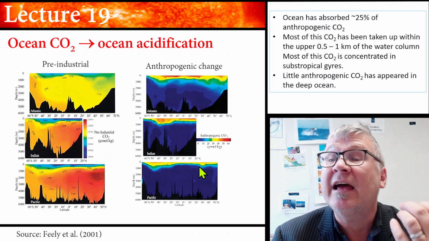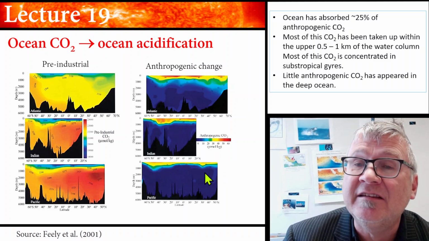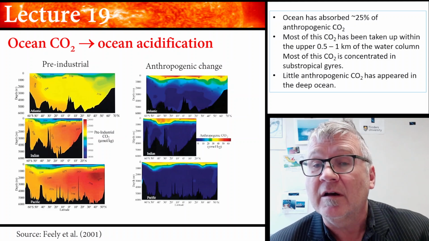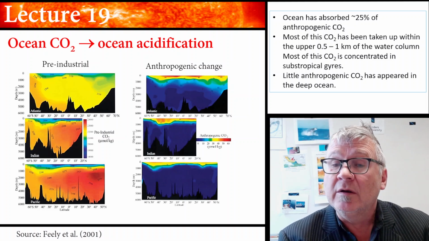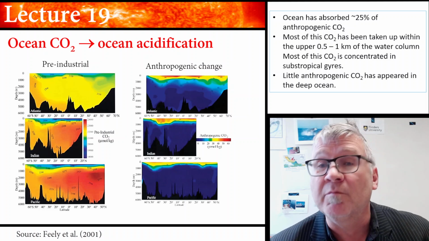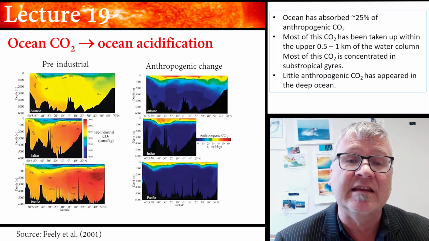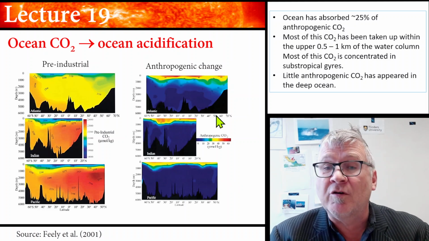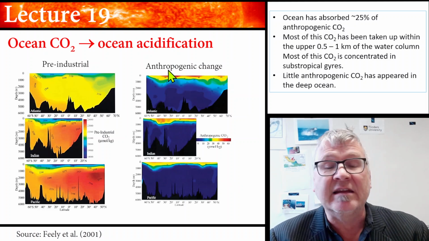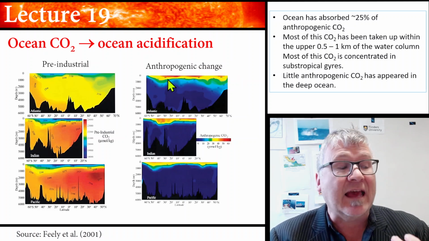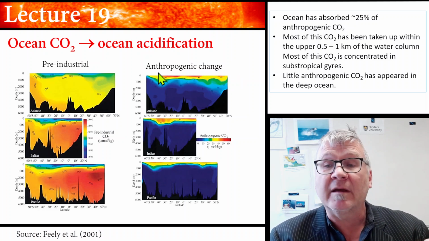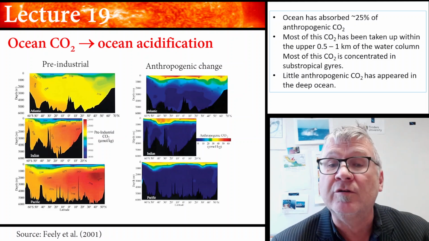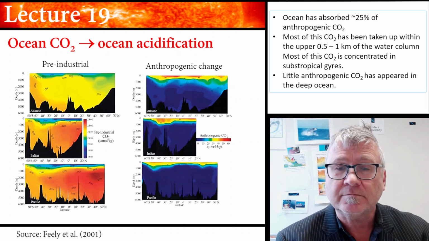Little anthropogenic CO2 has appeared in the deep ocean, and that's because of the time scales. We're talking about changes here that have intensified in the last 10, 20 years. Because of air-sea gas transfer, it ends up in the upper layers of the ocean, and this is the link to ocean acidification.